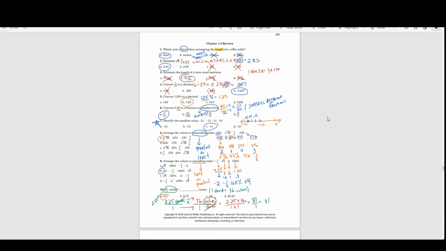I just have to remember that the negative number, the farther it is away from 0, the smaller it is. Before you get to this point, you probably won't even see negative numbers. I doubt it, but you should be prepared just in case.